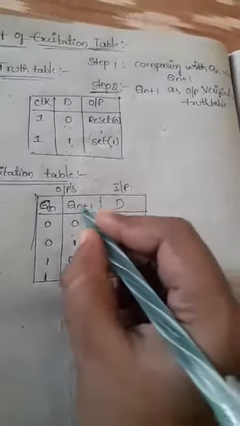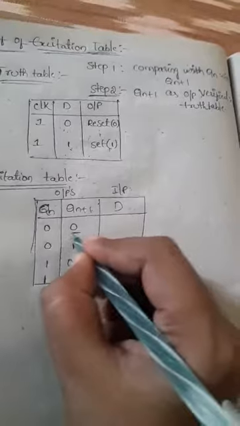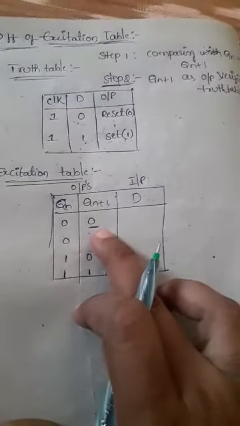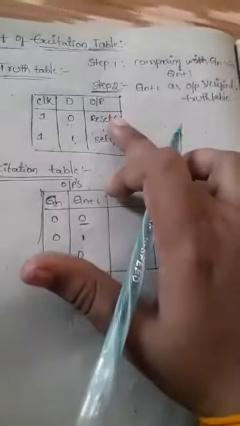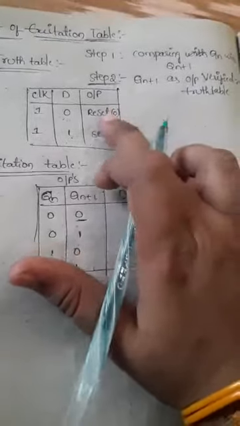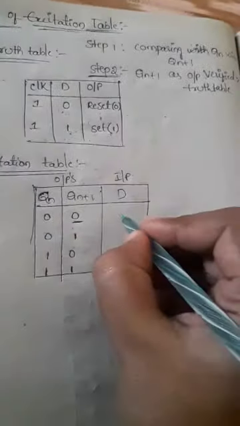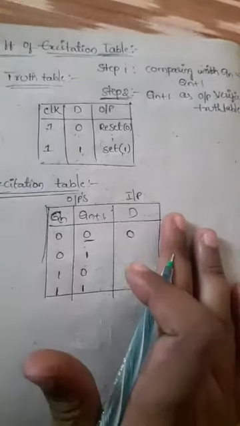Wherever the Qn plus 1 output is 0 1 0 1, we check in the truth table in which case we get that output, and take the input as it is. Here Qn plus 1 output is 0. So in the truth table, in which case do we get 0 output? The input is again 0. Here we have to mention inputs only.